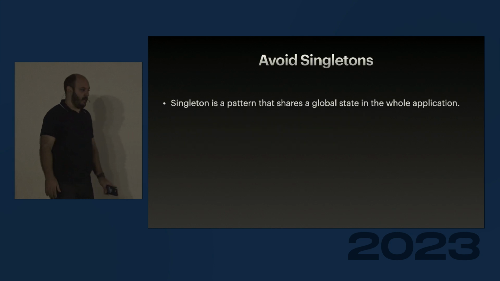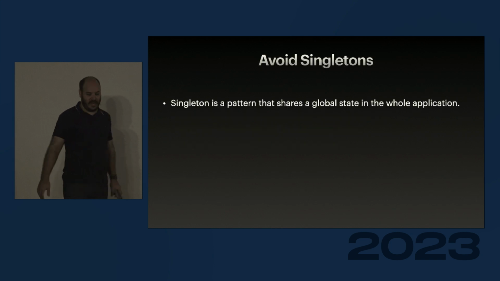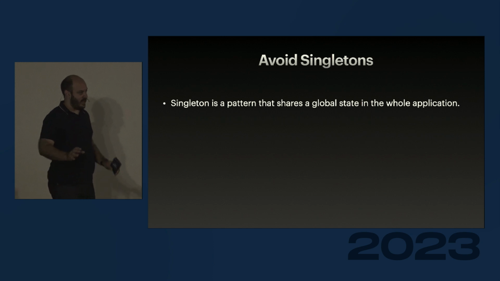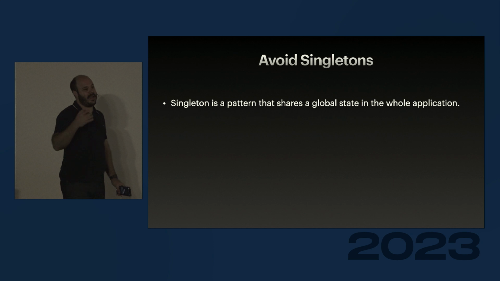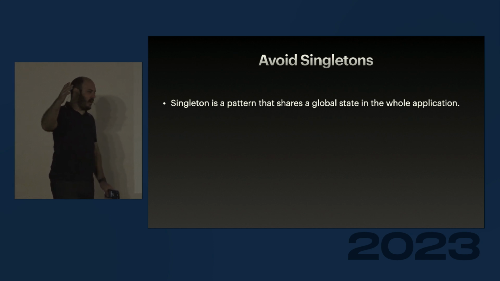Then avoid singletons. I think that is kind of controversial. For me, singleton is an anti-pattern because it shares the global state across all the application. We have ways to bypass this. We can create all the dependency graph at the application level and then just share it. So I think it is attainable.